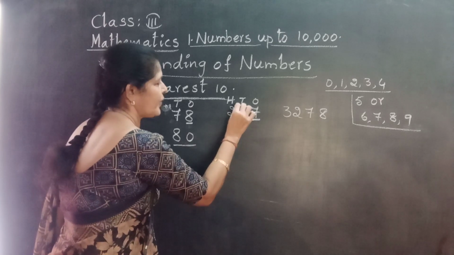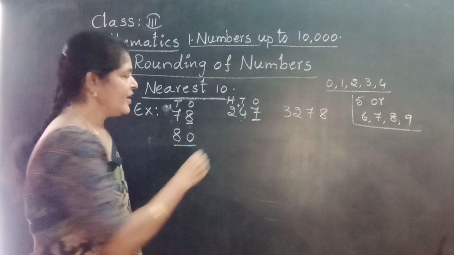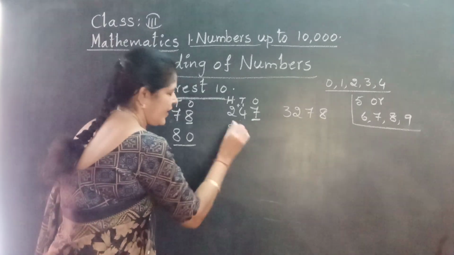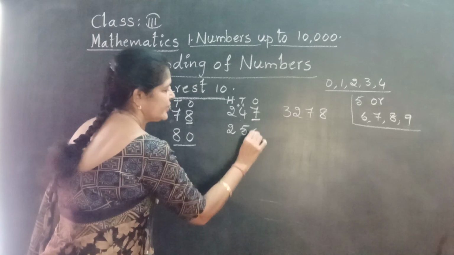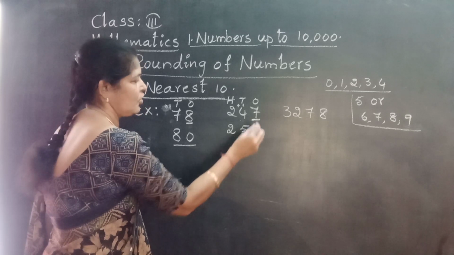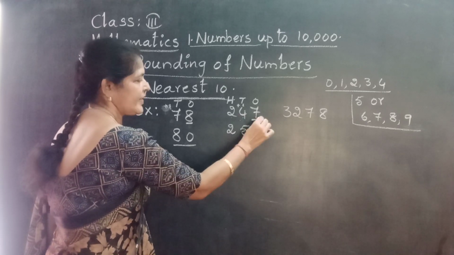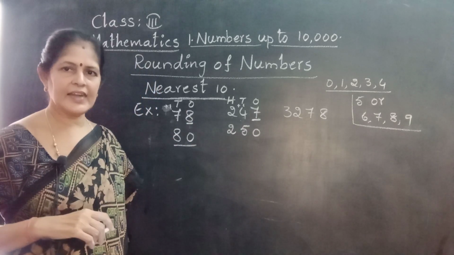That means 4 plus 1 is 5, and 0 in the ones place. That means 247 is nearest to 250. Understood?